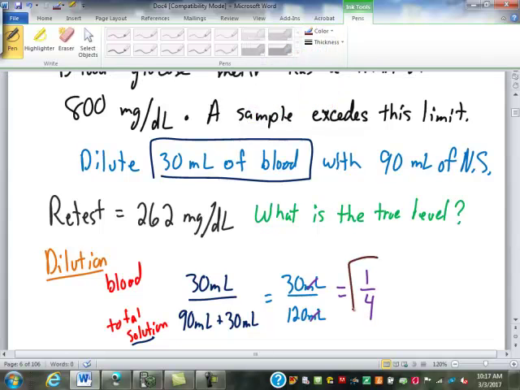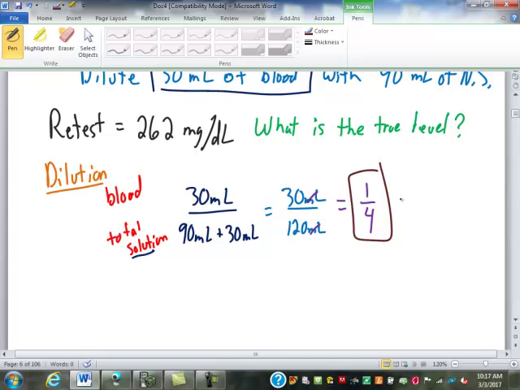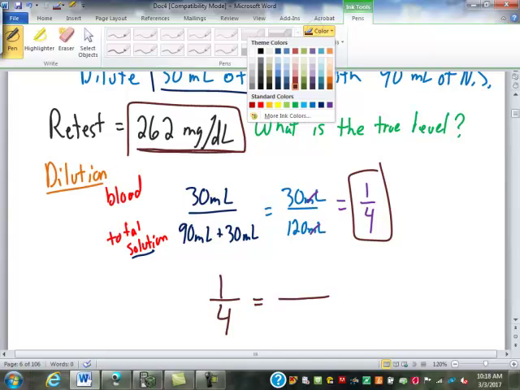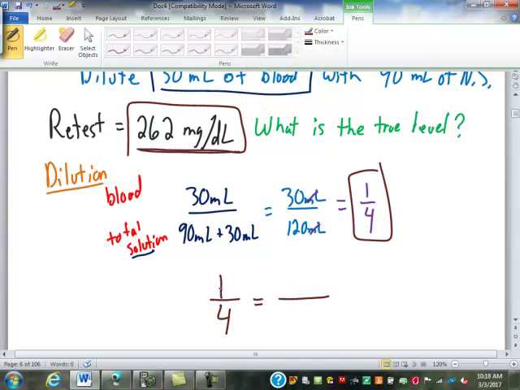So that 1 in 4 dilution ratio can also be used to convert the reading. This reading here in the meter of the diluted sample of 262 milligrams per deciliter, is that smaller than the true reading, or is that larger than the true reading? Smaller. So we are going to put it with the smaller of these two numbers. The 1 is the smaller number.